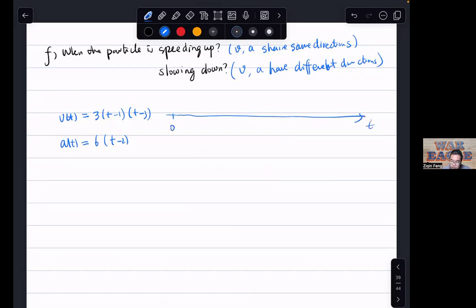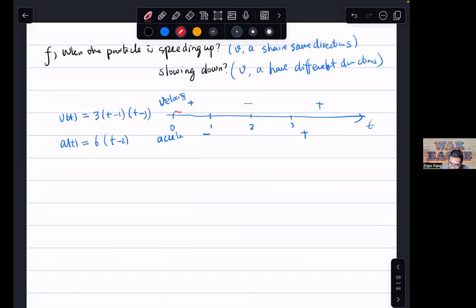Between 0 and 1, this v here is positive. This is 1 and 3, and between 1 and 3 it is negative. Between 3 and infinity, it is positive, right? Acceleration is easy. Less than 2, on the left side of 2, negative. On the right side of 2 is positive. This is velocity. This is acceleration.